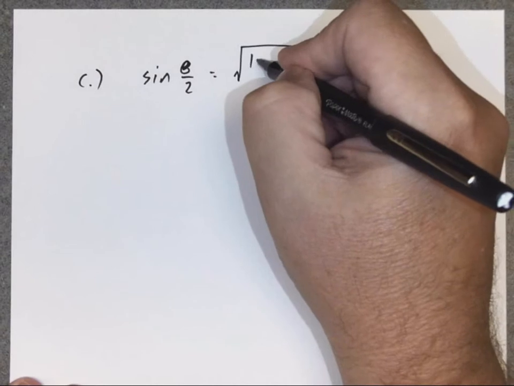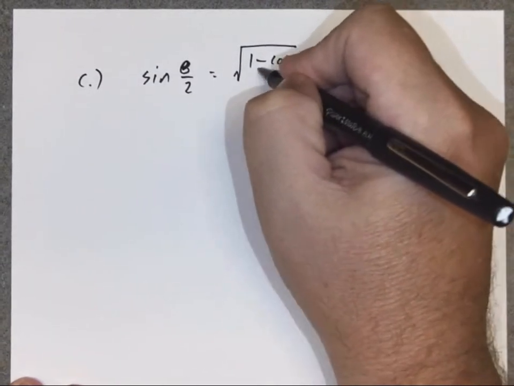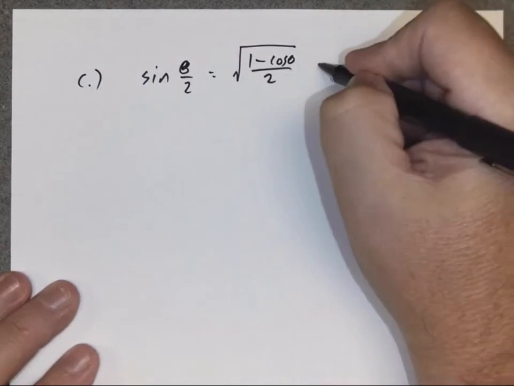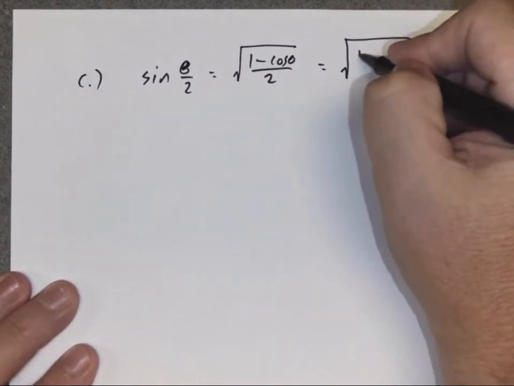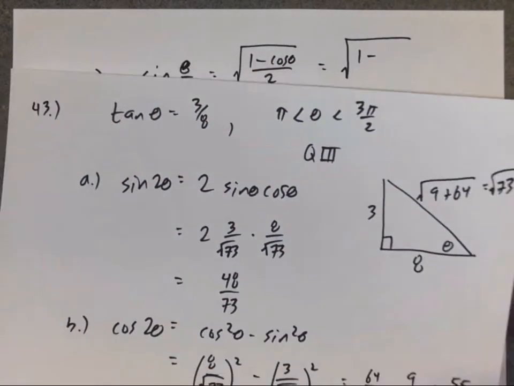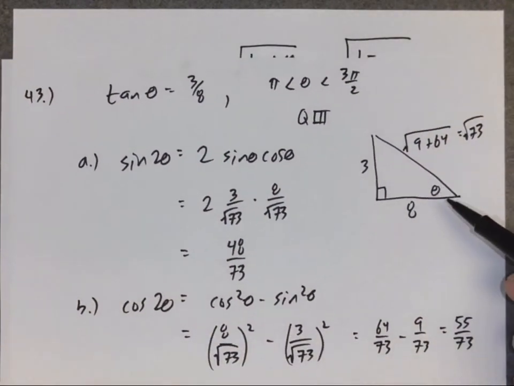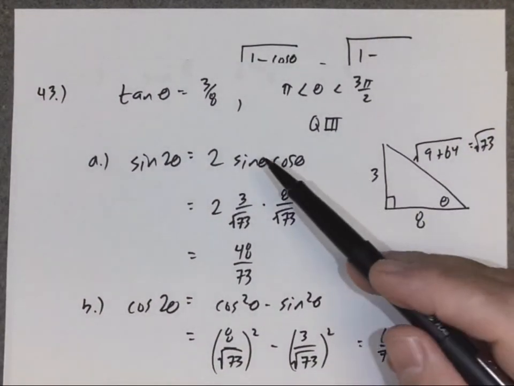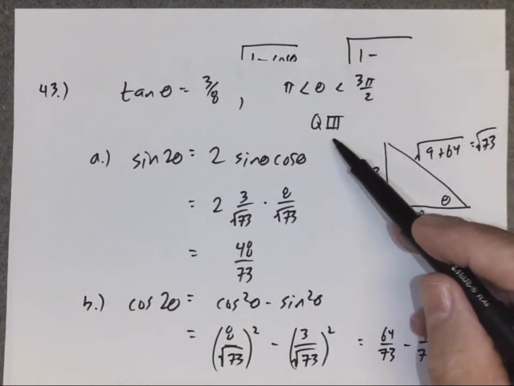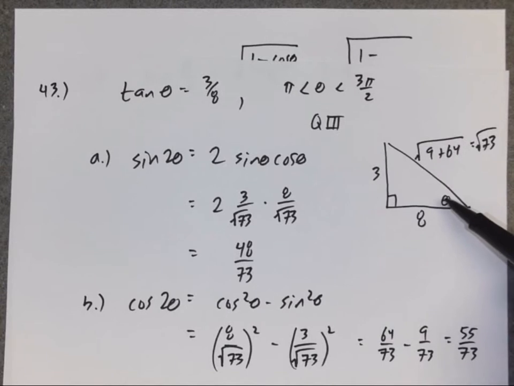We know this is the formula. Now, when I got ready to do this, I had to go find cosine of theta. And that goes way back to the beginning. I created my right triangle based upon this information, and I said it's quadrant 3. Quadrant 3 means the sine and cosine are both negative.